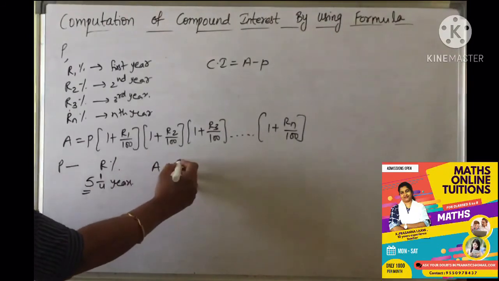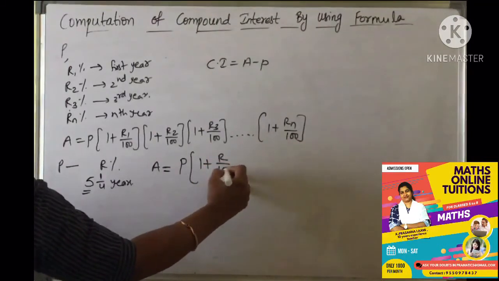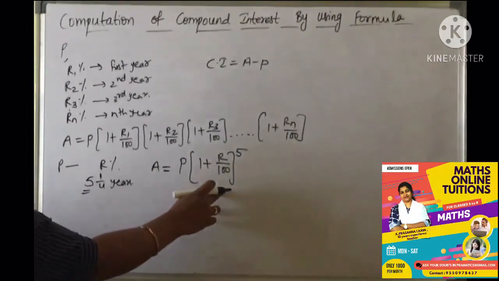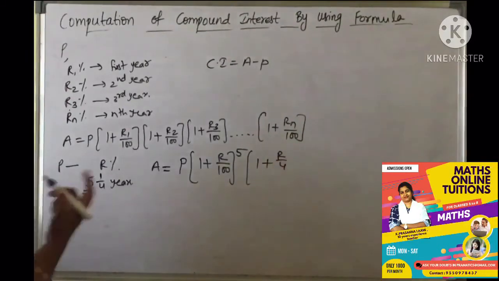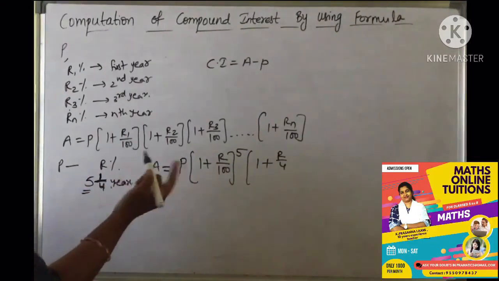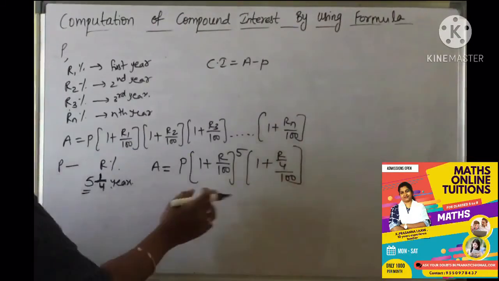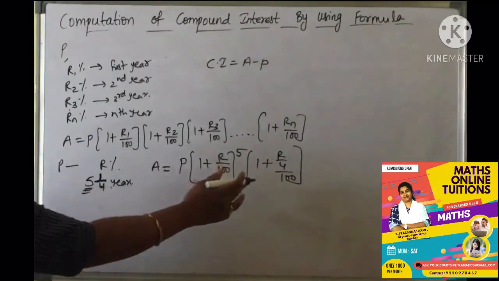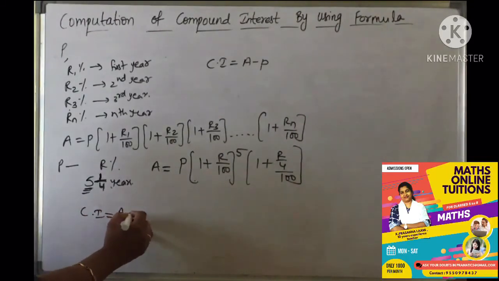So you need to write A equal to P into (1 plus R by 100) whole to the power of 5, where 5 is the whole part, into (1 plus (1/4 of R) by 100), since the fraction part is 1 by 4. This is how you have to find it when the time period is given in fraction: one factor for the whole part and another for the fractional part. And the compound interest is given as usual, A minus P.